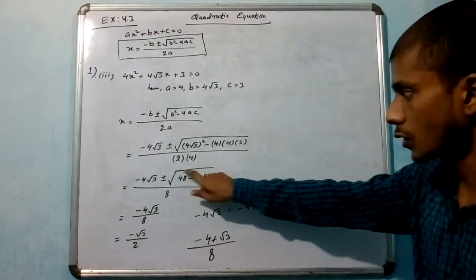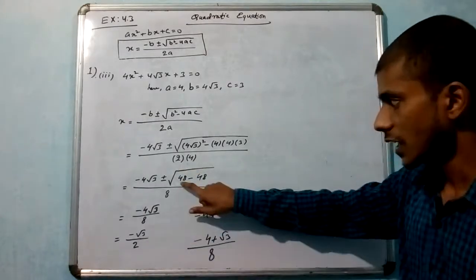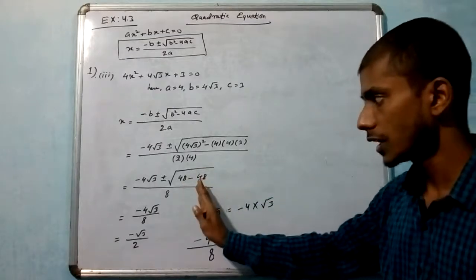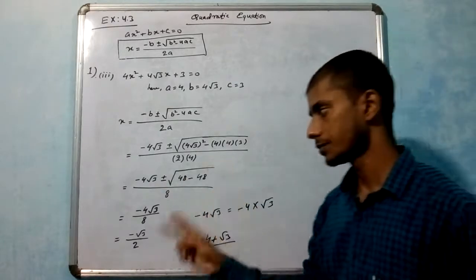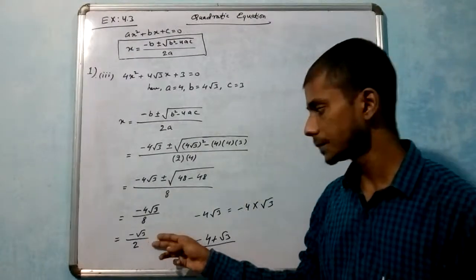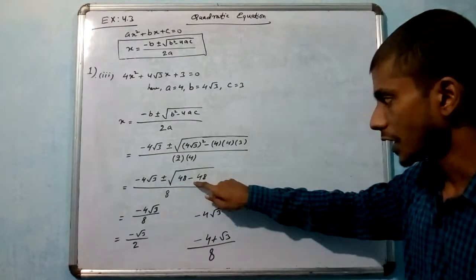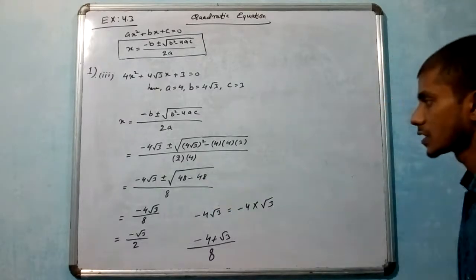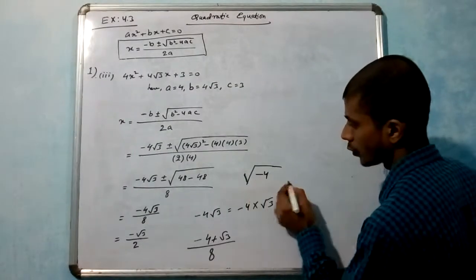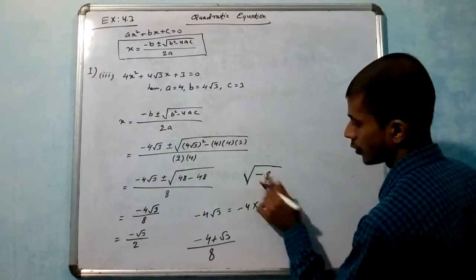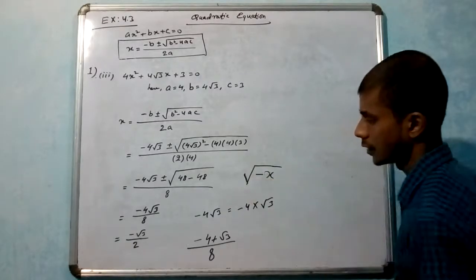When the value inside the root is 0, then we will get 2 equal roots. When inside the root we get more than 0, then we will get 2 different roots. But if inside the root we get something lesser than 0, meaning some negative value like minus 4 or minus 8, any number minus of x, what does it mean?